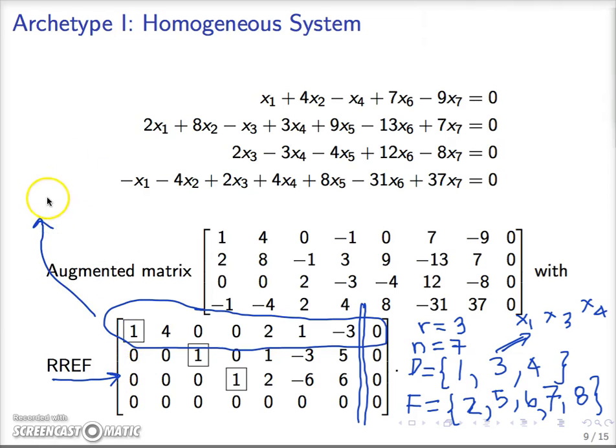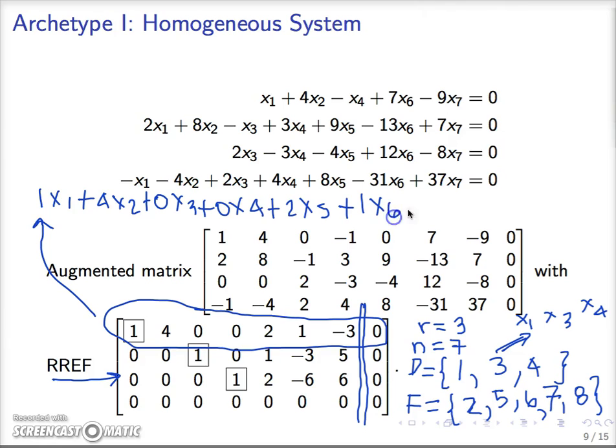You should do rows 2 and 3, but I'll write this one: 1x1 plus 4x2 plus 0x3 plus 0x4 plus 2x5 plus 1x6 minus 3x7 equals 0. And since x1 is a dependent variable, we can solve for x1.